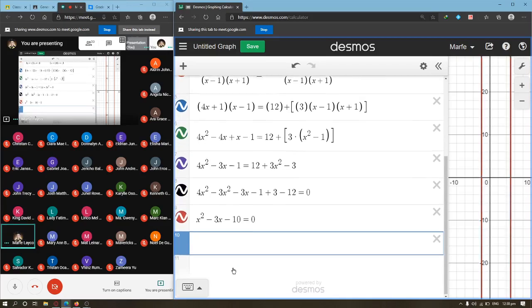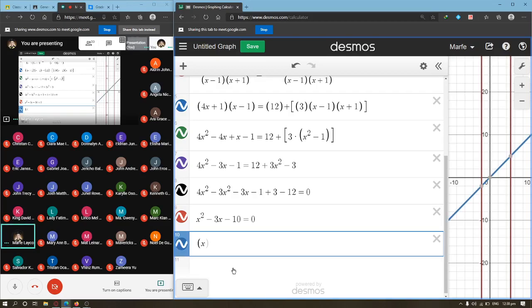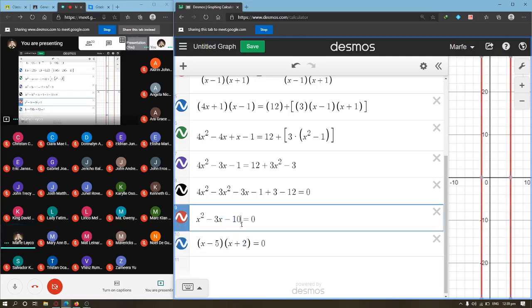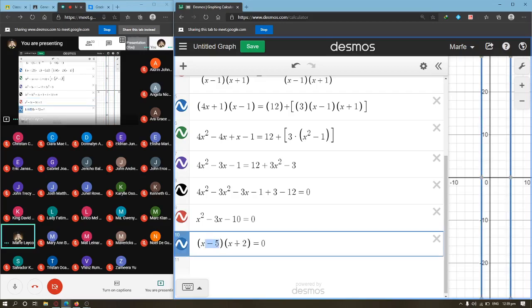Next, to find the value of x, let us try factoring. So, x minus 5 multiply by x plus 2 is equal to 0. Why? So, negative 5 multiplied by positive 2 is negative 10. Negative 5 plus positive 2 is negative 3.